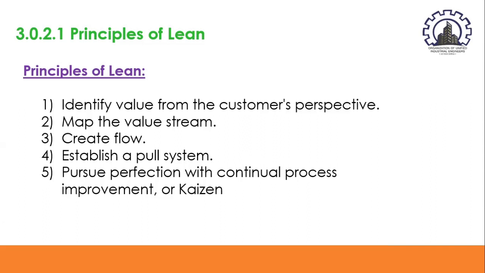And the fourth principle is what we call establish a pull system. Now, this means you only start new work when there is demand for it. Meaning to say, lean manufacturing uses a pull system instead of a push system. Push systems are used in manufacturing resource planning or MRP systems.